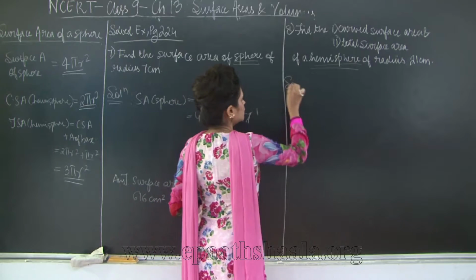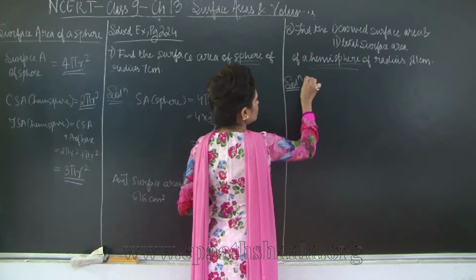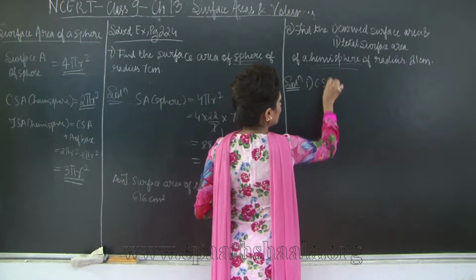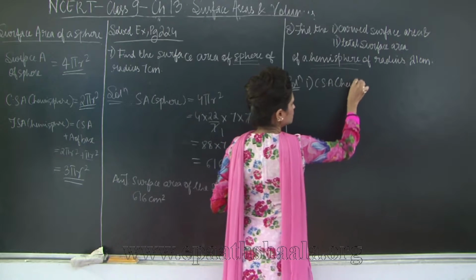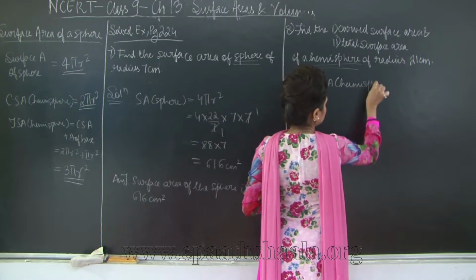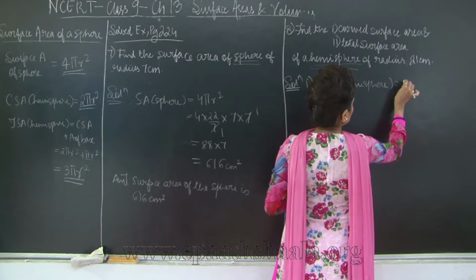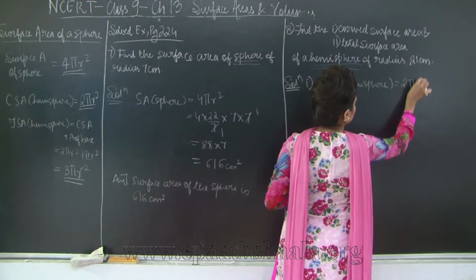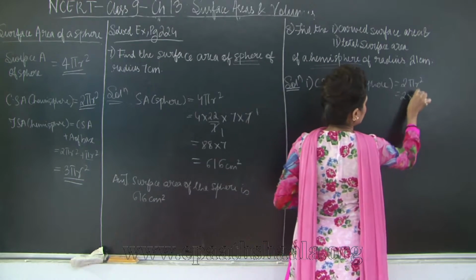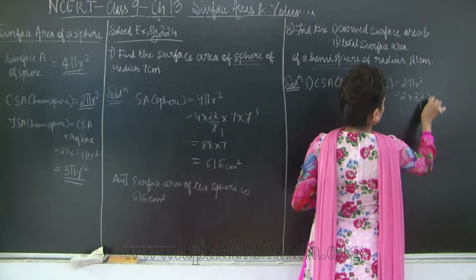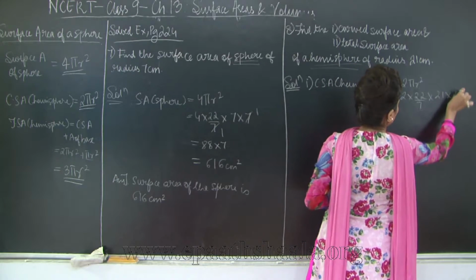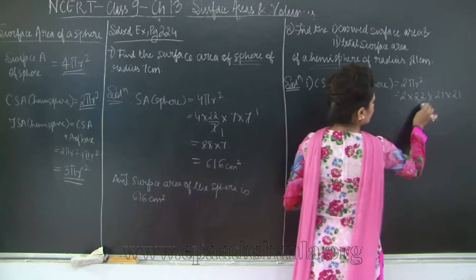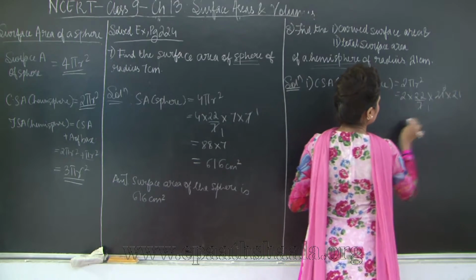So I'll say solution. For the first part, curved surface area of hemisphere is equal to 2 pi r square, which is 2 into 22 by 7 into 21 into 21, right? So 7 ones are 7, 7 threes are 21.